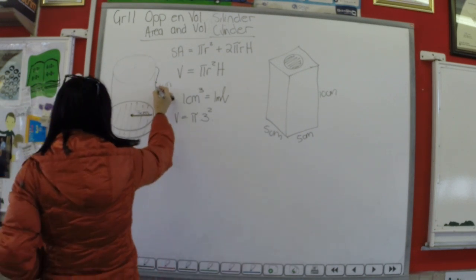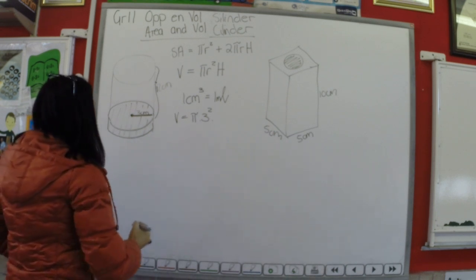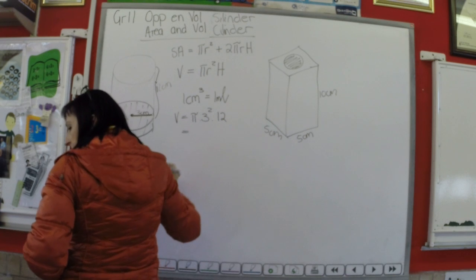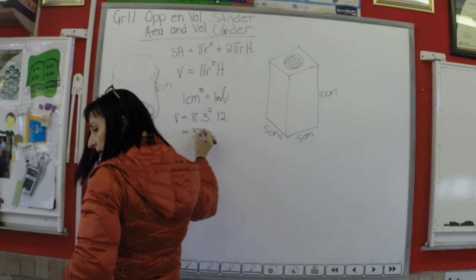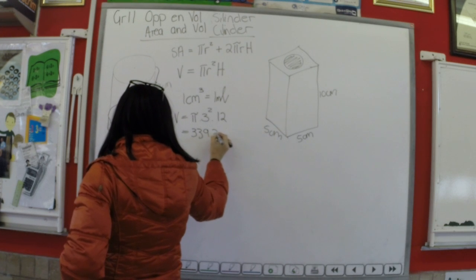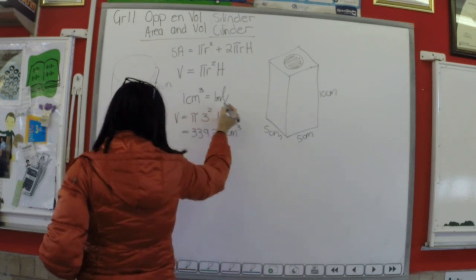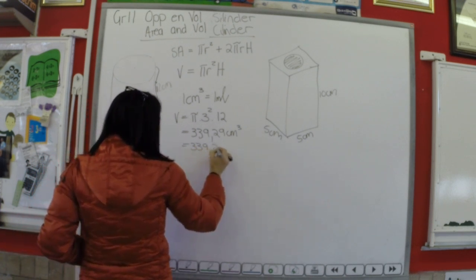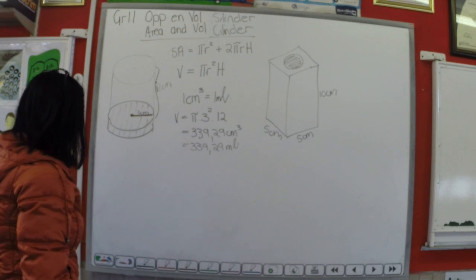Okay, so that's 12. So ek kan nou sê daai gedeelte is nie by nie. So I can multiply it with that height of 12, and then I can round it to 2 decimal places. So that's going to give me 339,29 centimeter to die derde mag, and I must convert it to milliliter because they ask the capacity. Hoeveel water hou hierdie glas?